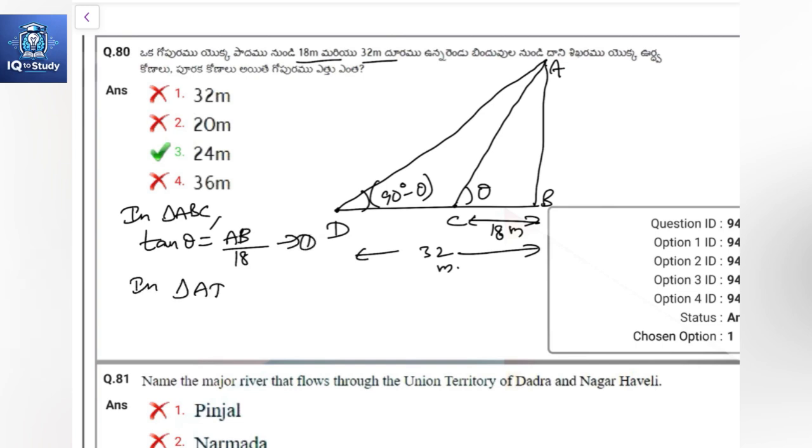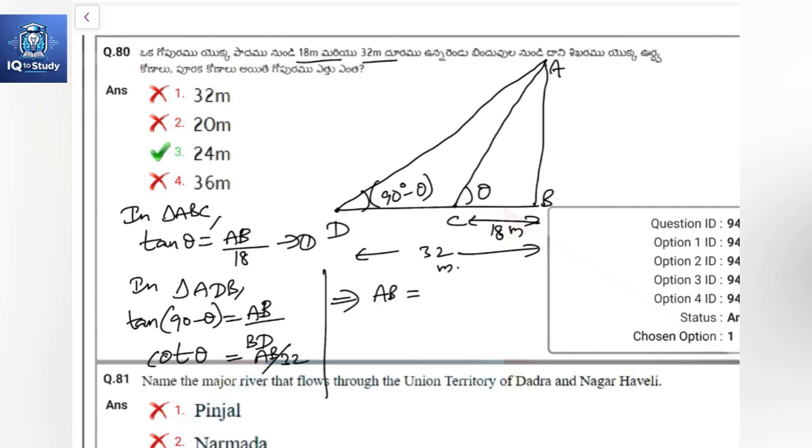In triangle ADB, tan of 90 minus theta is equal to AB by BD. We know that tan of 90 minus theta is cot theta, which is equal to AB by BD, and the value of BD is 32.